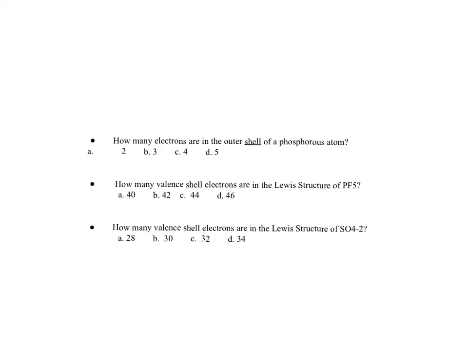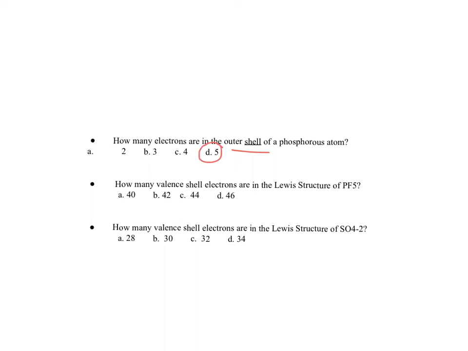Okay, so this one, all three of these questions are just about counting valence electrons. So when it says outer shell, that's what it's talking about. And so if we look at phosphorus atom, phosphorus is in the third energy level. It's a 3s2, 3p3, and so it has a total of 5 in the outer shell.